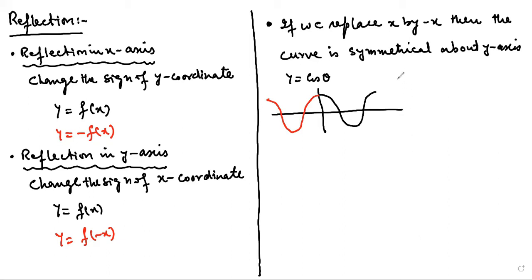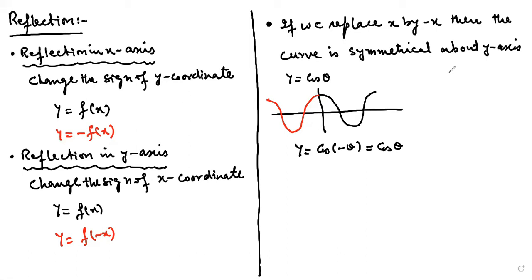Now, when we replace theta with minus theta, we know that there is a rule that cos minus theta is equal to plus cos theta. Now you can see that when we have replaced theta with minus theta or x with minus x, the equation of the curve is unchanged. So the curve is symmetrical about y-axis. Y-axis is the line of symmetry.